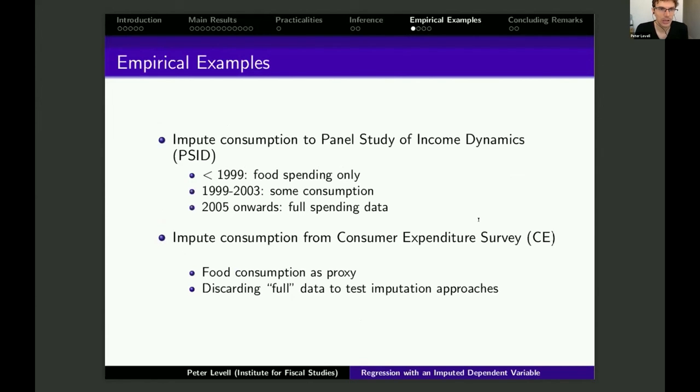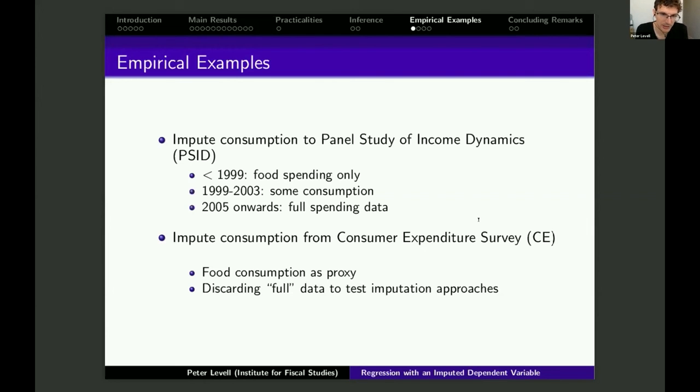Okay, so let's now illustrate some of these results with some empirical examples. The case we're going to be thinking about is imputing consumption to the Panel Study of Income Dynamics, which is a survey in the United States. Prior to 1999, there were questions about food and a few other items.